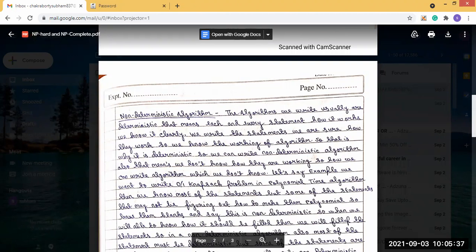Now we want to write the 0-1 knapsack problem in a polynomial time algorithm. Then what will we do?